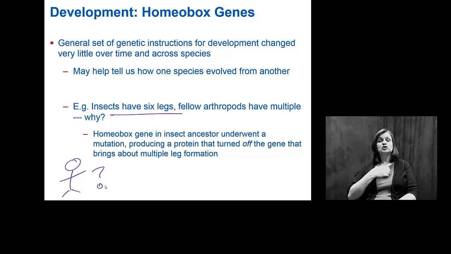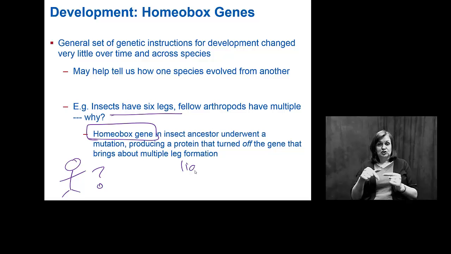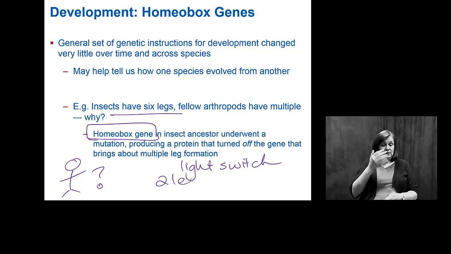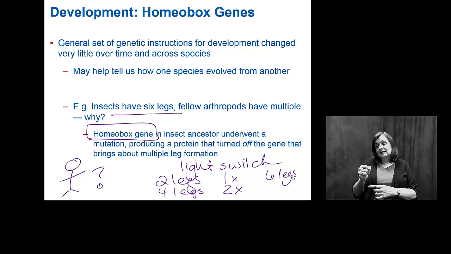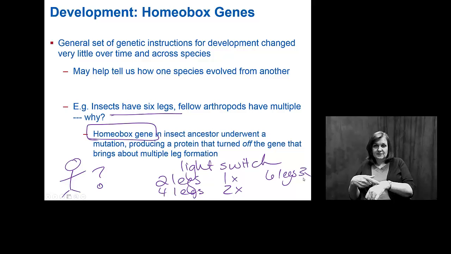Why does this occur? So it all has to do with that homeobox gene, and essentially it's going to act like a light switch. If I want 2 legs, I turn it on once. If I want 4 legs, I turn it on twice. If I want 6 legs, I turn it on 3 times, and so on. Okay?